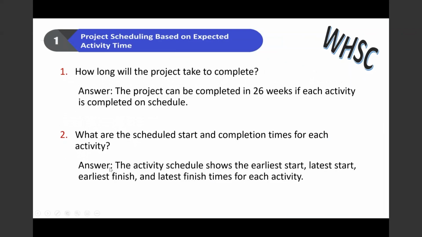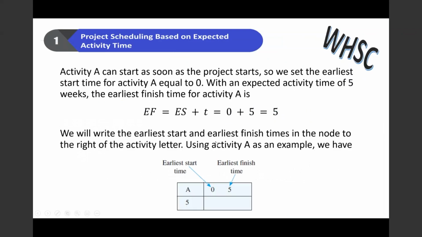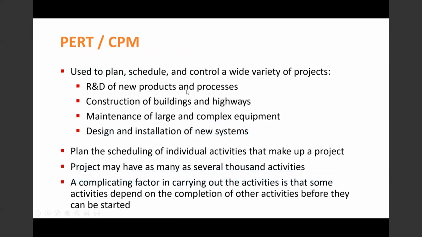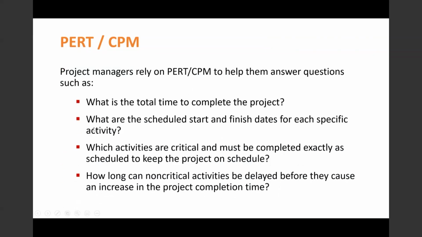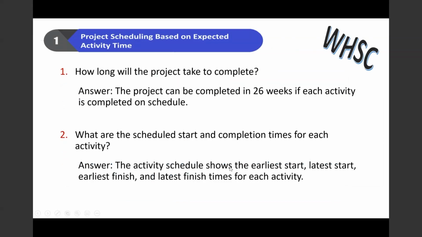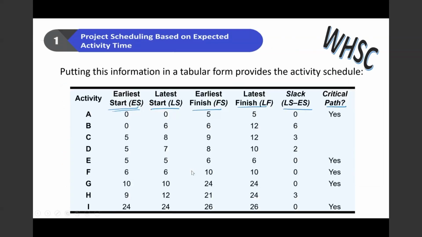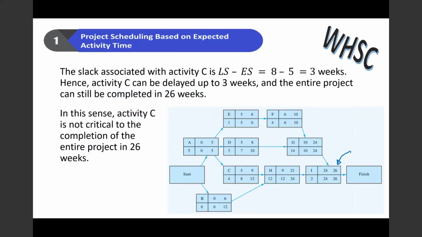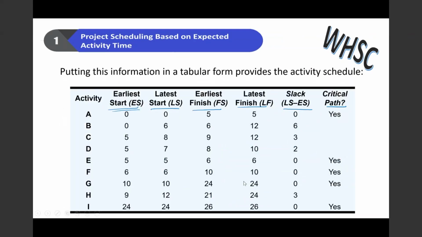Remember, these are the questions we said right at the very beginning that PERT or CPM can be used to answer. By going through the forward pass and the backward pass, you will be able to find the earliest start, latest start, earliest finish, and latest finish time for each of the activities. It's all clearly shown in this network diagram as well as in this table.